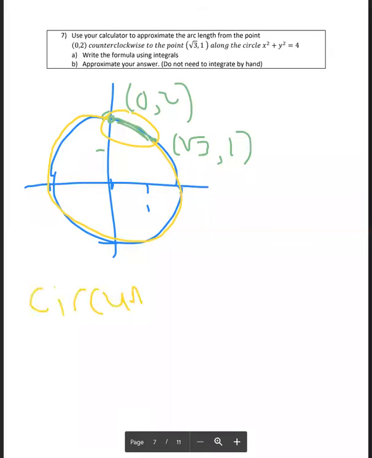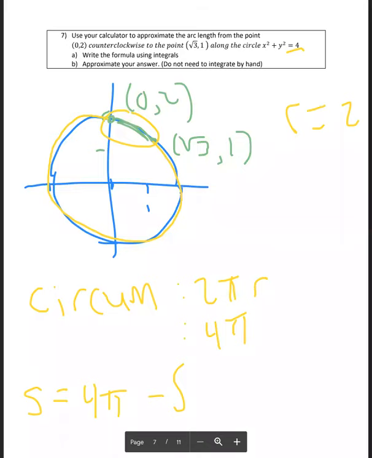You know that the circumference of the circle is 2 pi r. The r is 2 because the equation tells us that. So we know that the circumference is 4 pi. What we're going to do now is subtract this portion from 4 pi, which is the whole thing. So the arc length that we're finding, remember to write s because it's still the arc length, is 4 pi minus the integral we just got from the previous problem.